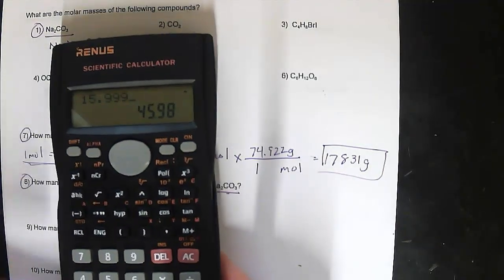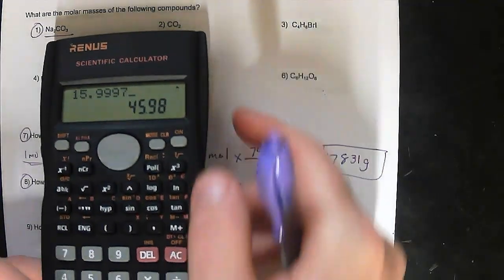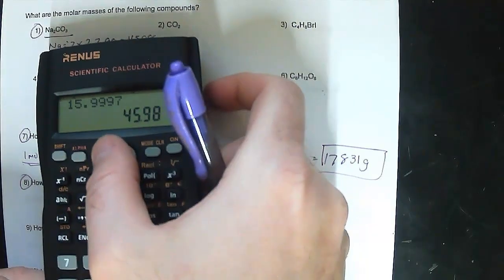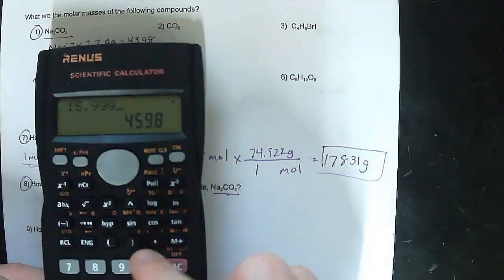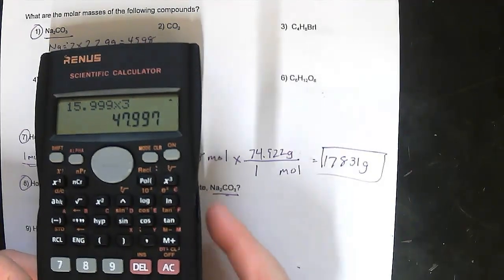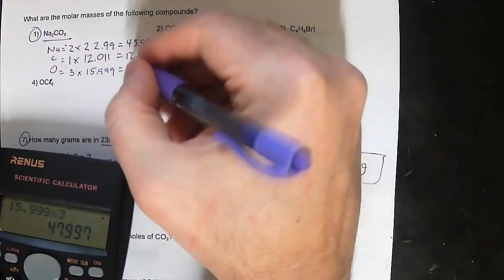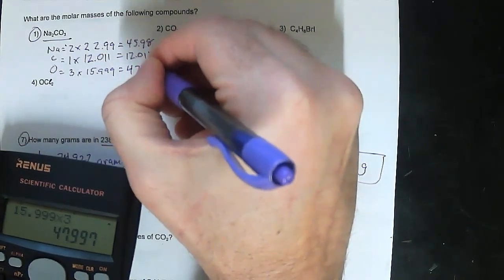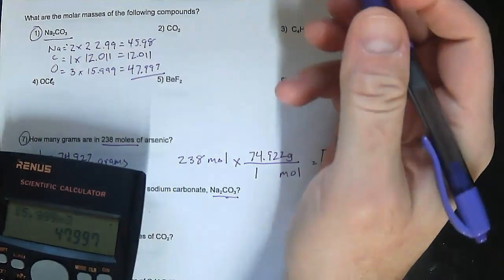Let's make sure, yep, it has three 9s. Times 3, that's 47.997.